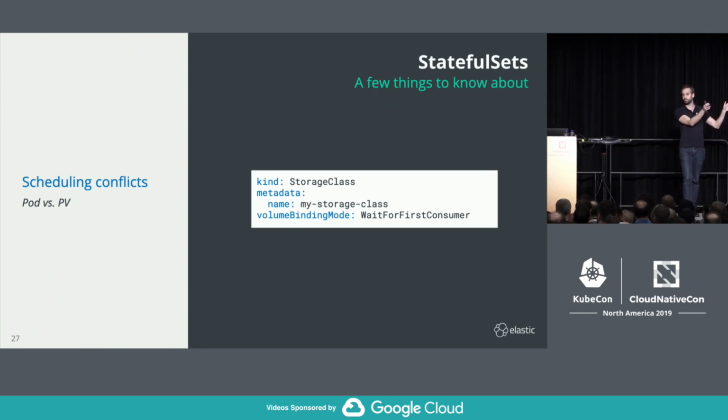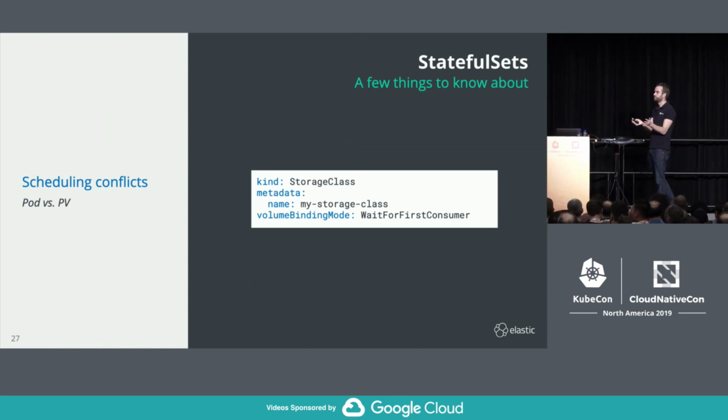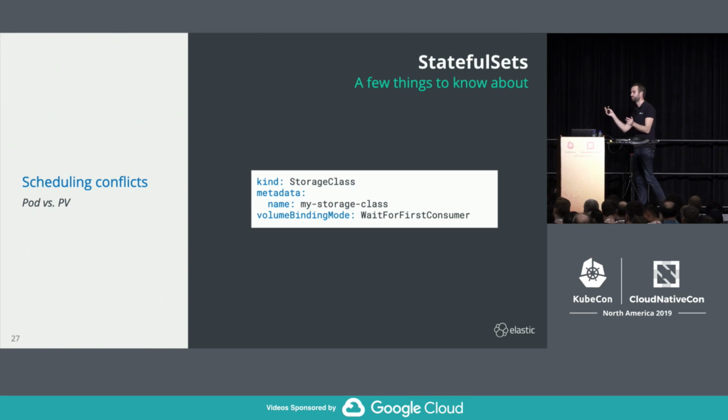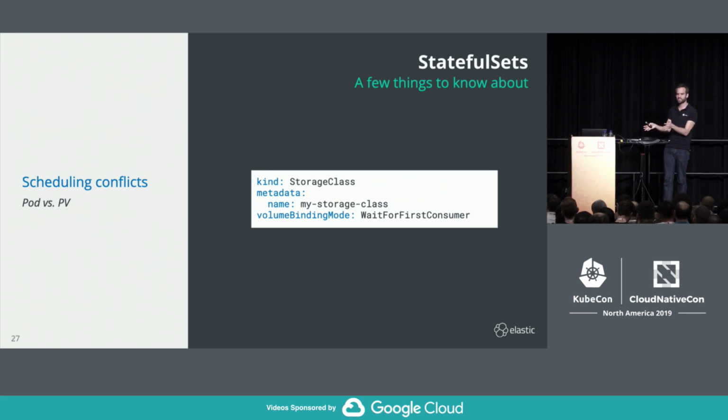Or maybe it's a local volume, so it's only available on a particular host. And then the stateful set controller creates the pod, mapping that persistent volume claim. And what could happen is that the pod itself is scheduled with its own constraints, so maybe on a particular region or particular host. And it's possible that the place where the pod is scheduled cannot actually access the volume, and that's a big problem.